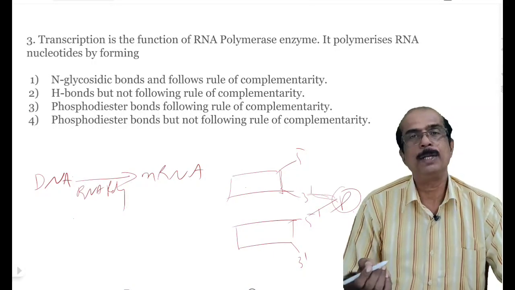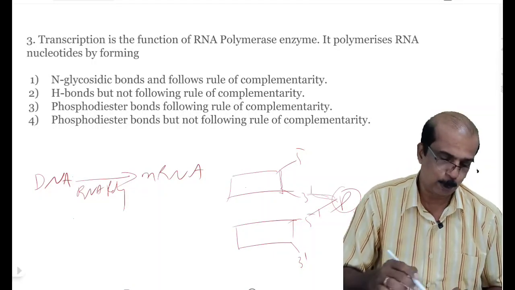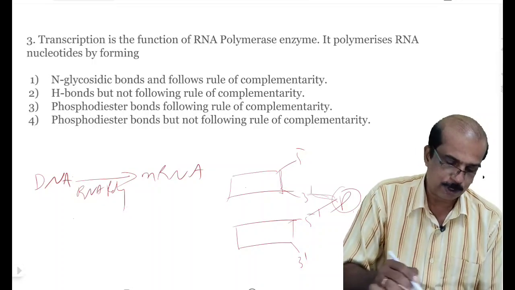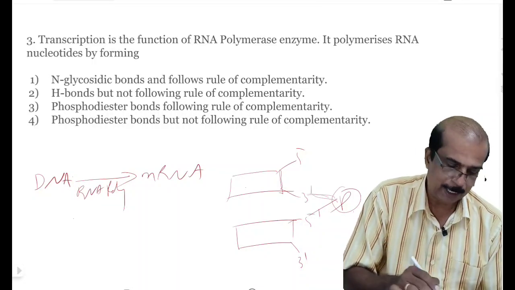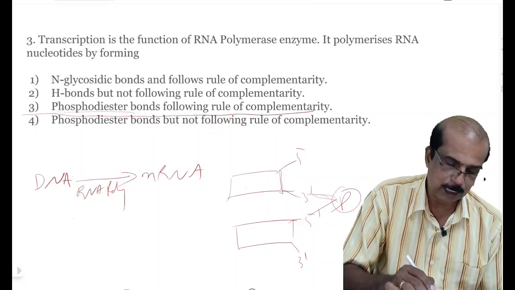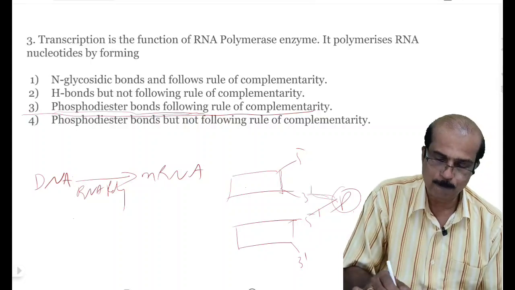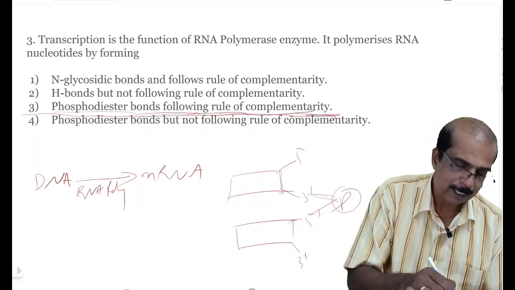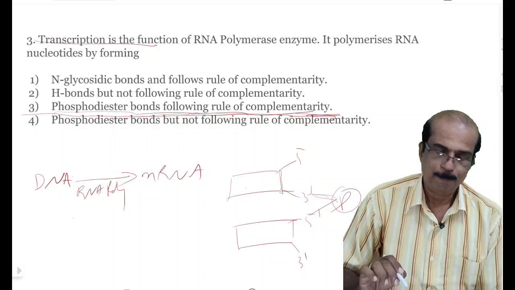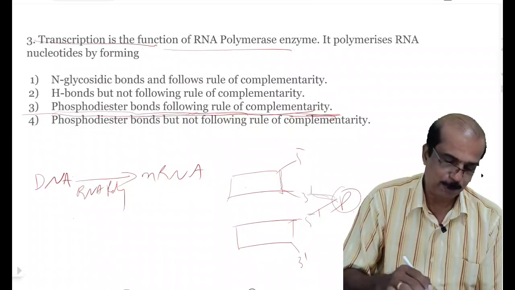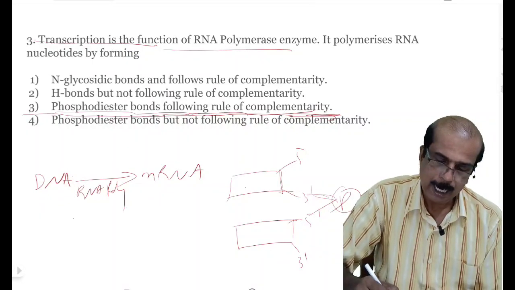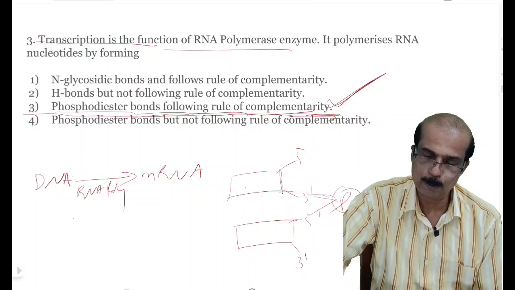So our answer to this question will be option 3, that is phosphodiester bond is formed following rule of complementarity during transcription by RNA polymerase enzyme. Let us move to next question.